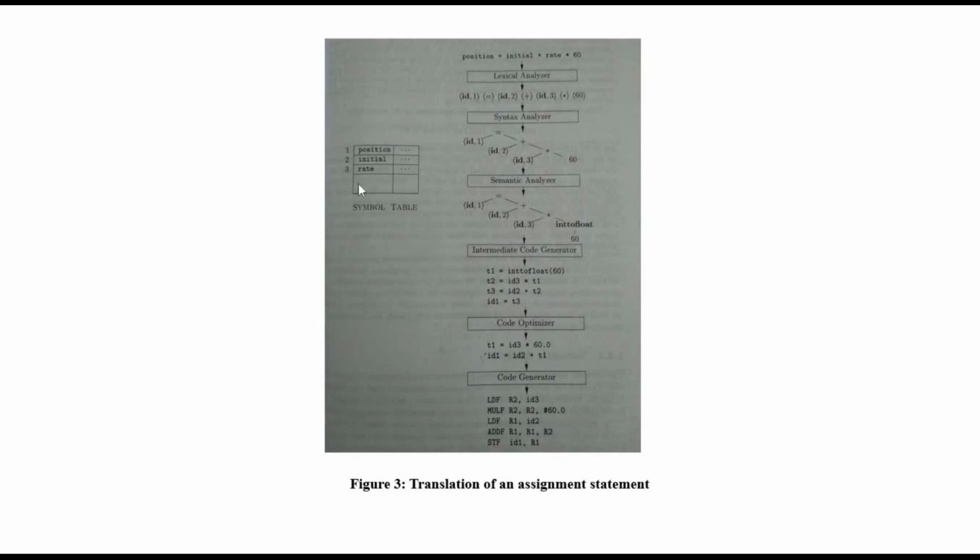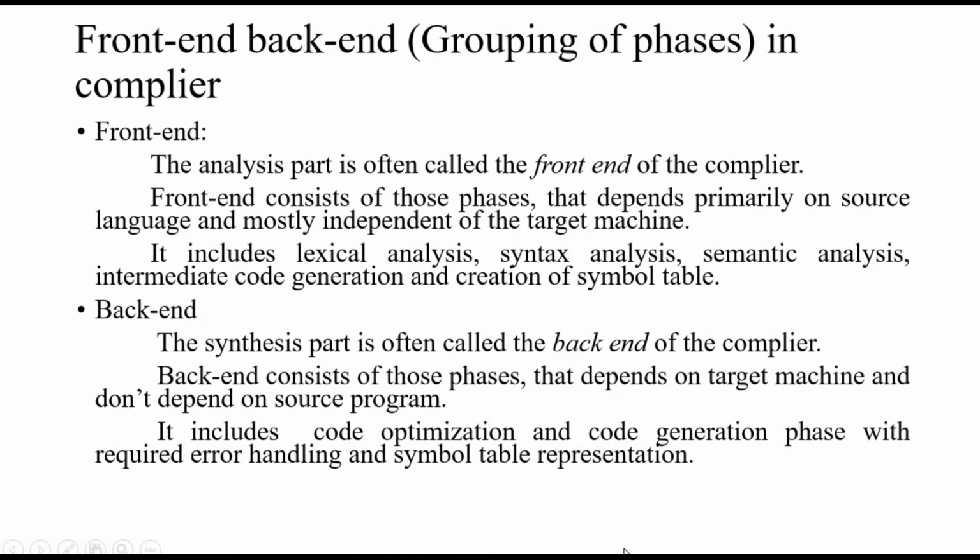The symbol table holds all tokens, variables and identifiers as entries, and the error handler reports any error that occurs. So this is the translation of an assignment statement. Next is the front end and back end of the compiler.